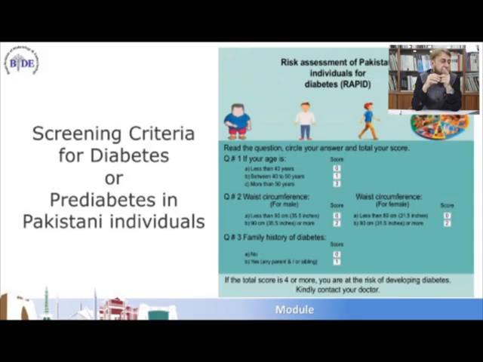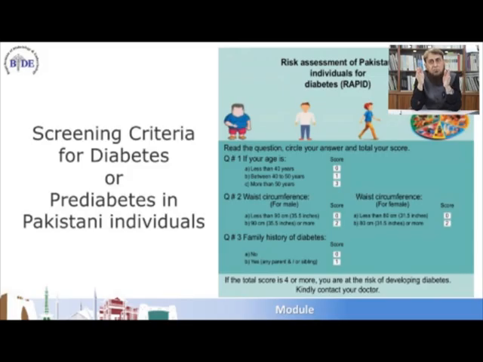When it comes to family history of diabetes, it is the relative. Waist circumference is less than 90 centimeters in males and less than 80 centimeters in females, and the age cutoff criteria are less than 40, 40 to 50, and greater than 50. The scores are there.